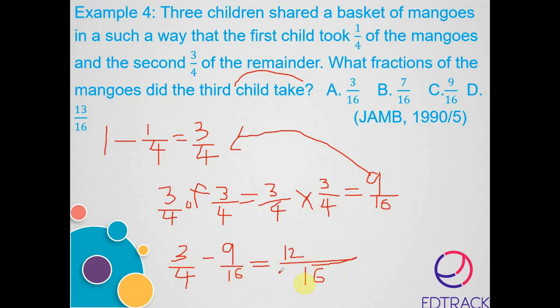Then 16 divided by 16 is 1, 1 times 9 is 9. And if you subtract, 12 minus 9 is 3, and that's 3/16. Which means the fraction that is left for the third child to take is 3/16 of the mangoes.